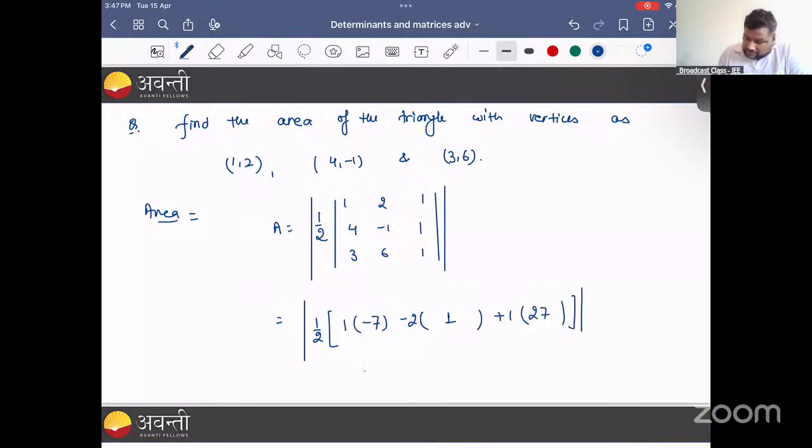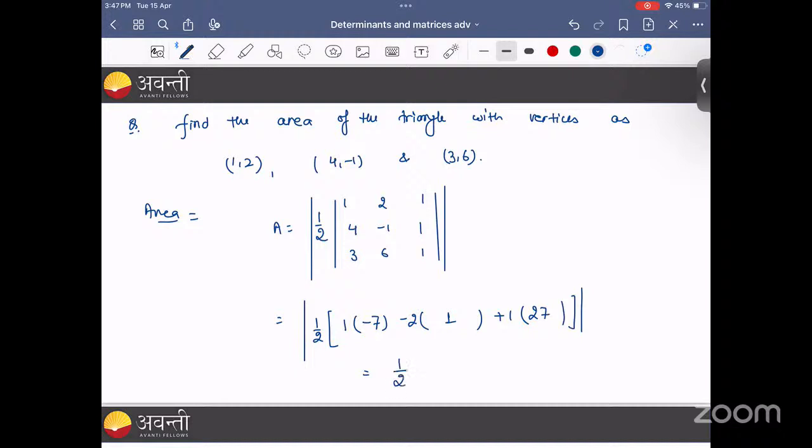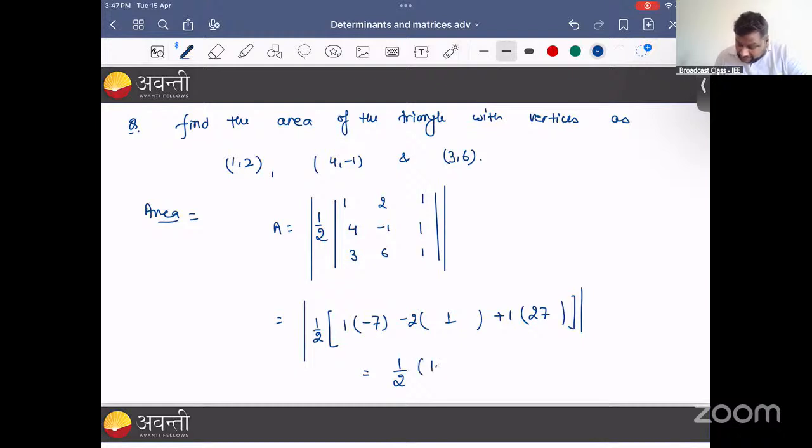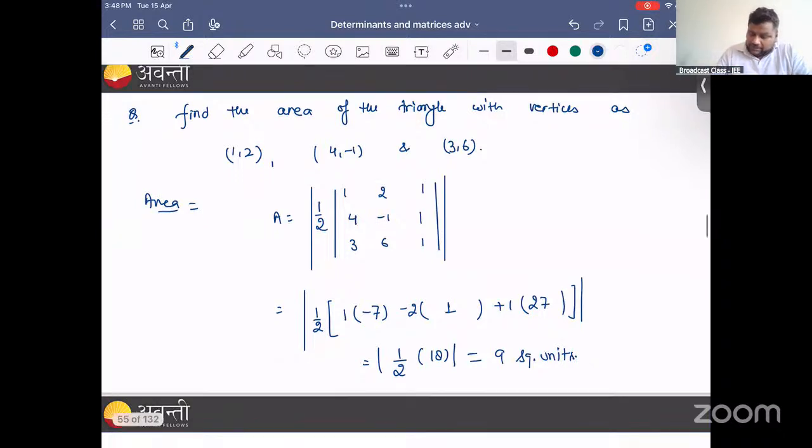That is half of 27 minus 9, that is 18. Answer is 9 square units. Yes or no? Is it okay?